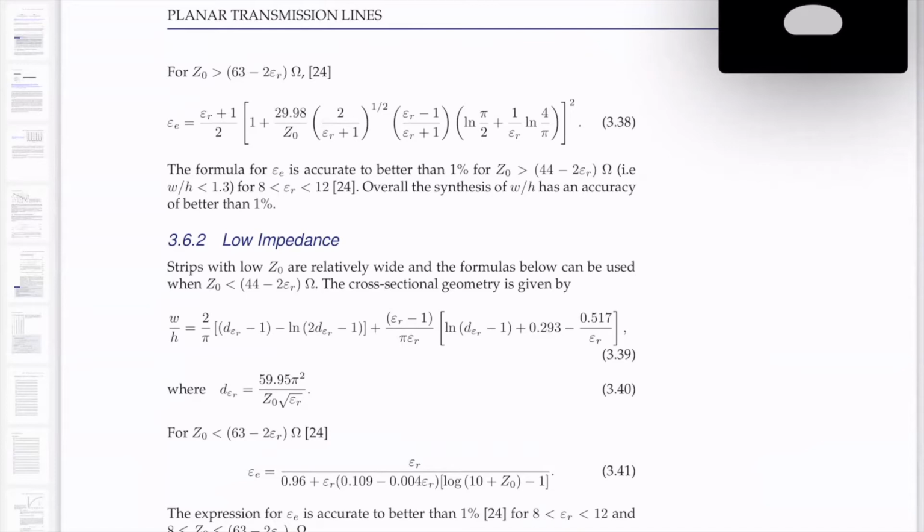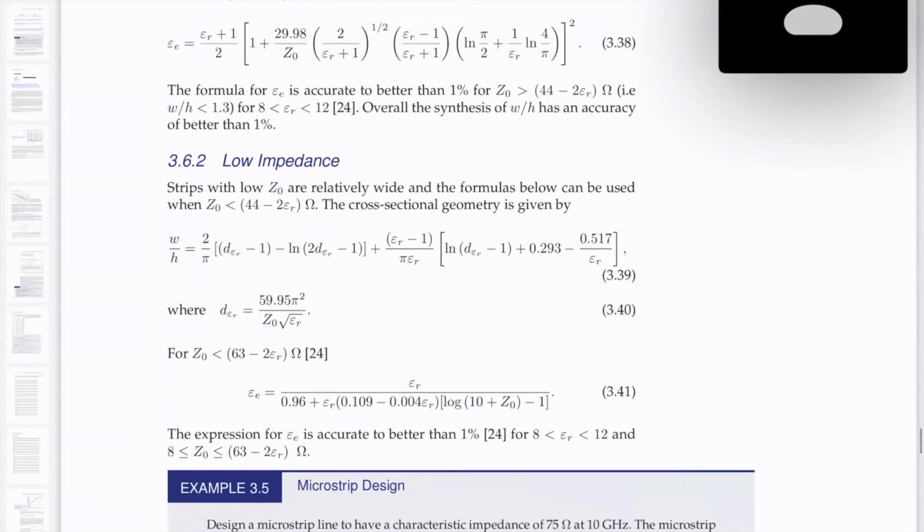The width of the line for the transmission line, and the width for the other lines, all of them have the same Z-naught, right? So practically that's the only formula you need to use. So my advice, when you try to solve homework, don't solve it by reading only the outlines.